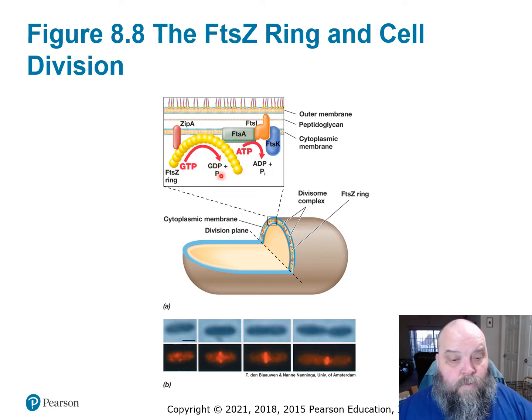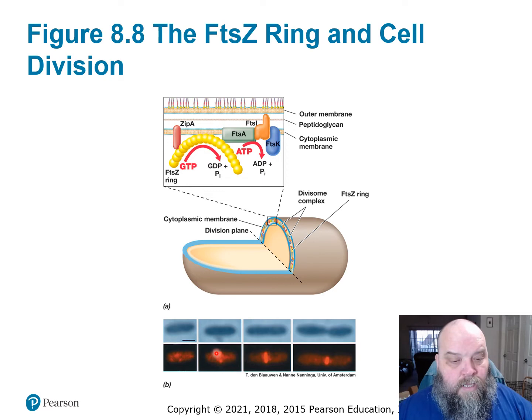FtsZ recruits in everybody. FtsI, FtsK, I, K, and a few others that aren't shown here. Their jobs are to help remodel the cytoplasmic membrane and the remodeling of the peptidoglycan layer.